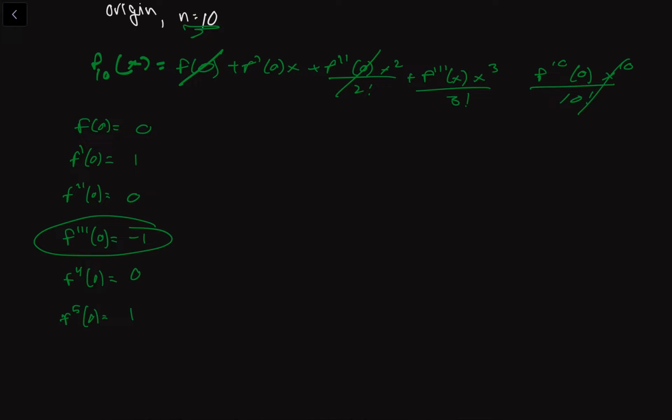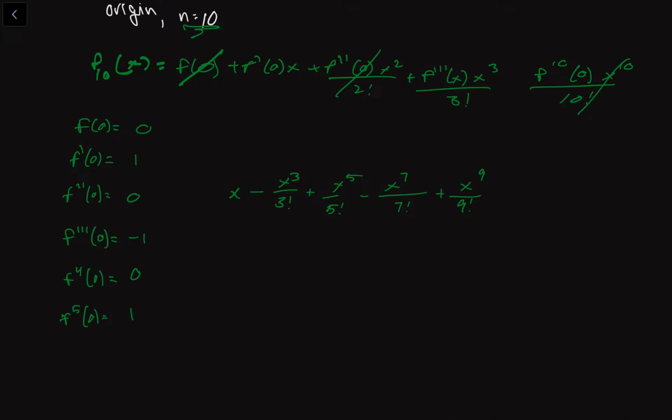It was just negative 1. So it looks like we have a pattern here. We're left with x minus x cubed over 3 factorial plus x to the 5th over 5 factorial minus x to the 7 over 7 factorial plus x to the 9 over 9 factorial.